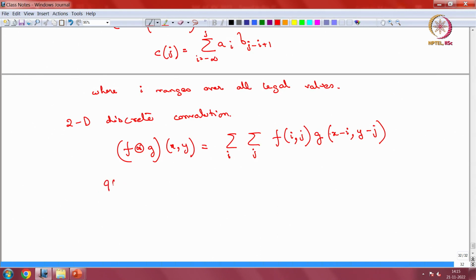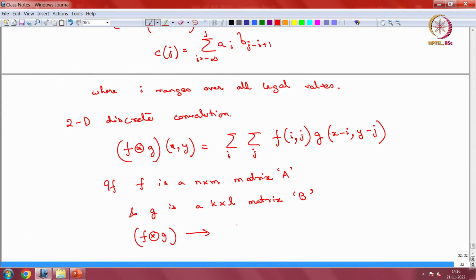So, if F now is an n cross n matrix, and we will call this matrix, let us say A, and G is a k cross l matrix, B, then your F convolved with G is basically another matrix, but this matrix now has n plus k minus 1 cross m plus l minus 1 terms, and we will call this matrix, let us say C.